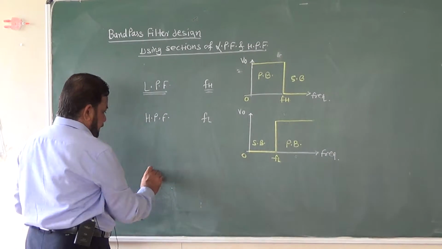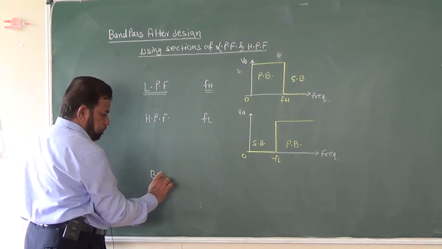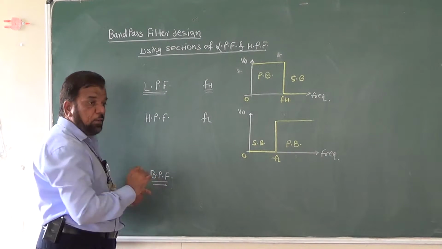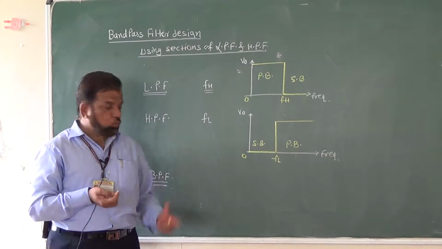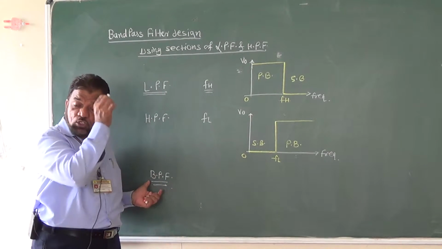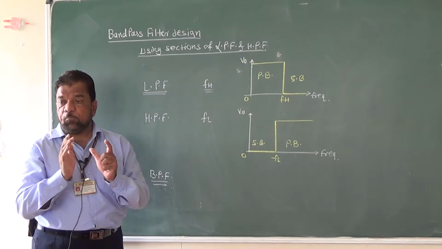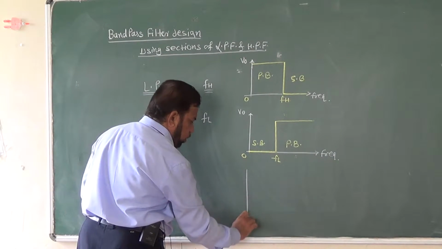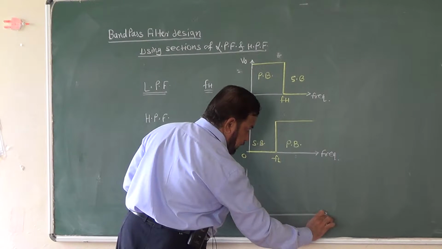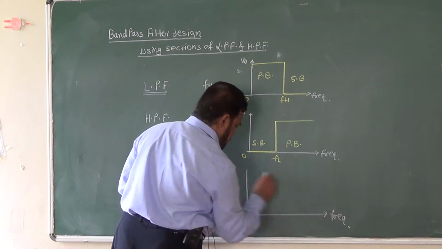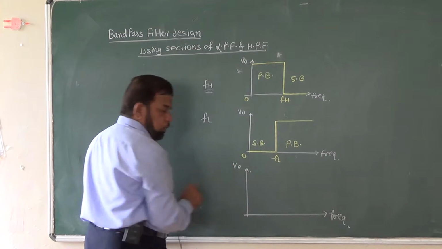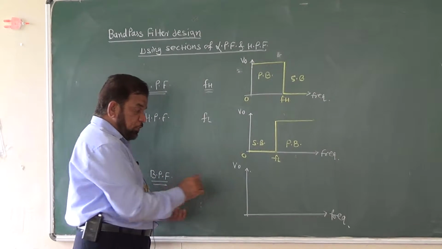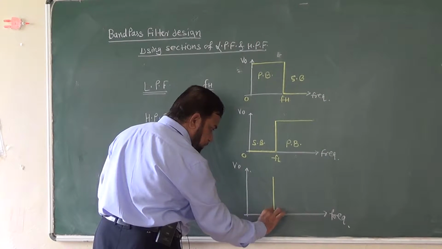Now, if I define the band pass filter, this is the filter which transmits the frequencies between some range. Okay, that means if we plot the frequency response, then the range between two specific frequencies must be passed.